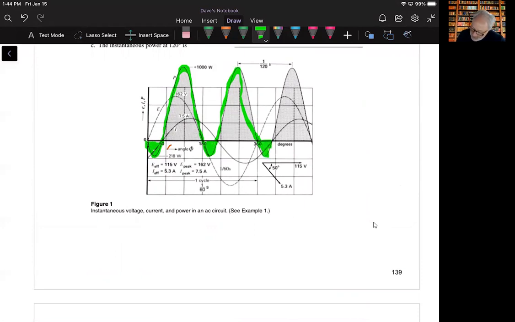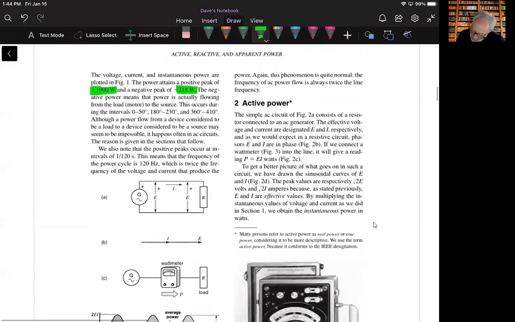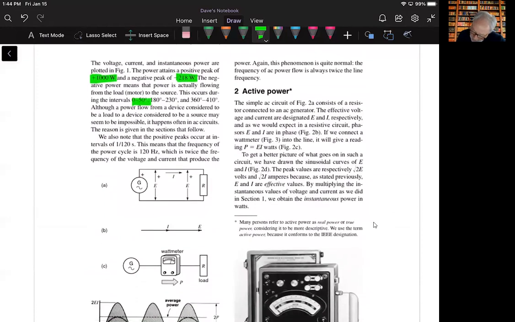That's negative power below the 0 point, and he highlights those particular places for us. Each one of them is 50 degrees in duration. Although power flow from a device considered to be a load may seem impossible, it happens in AC circuits, and we're going to understand why in just a little bit.